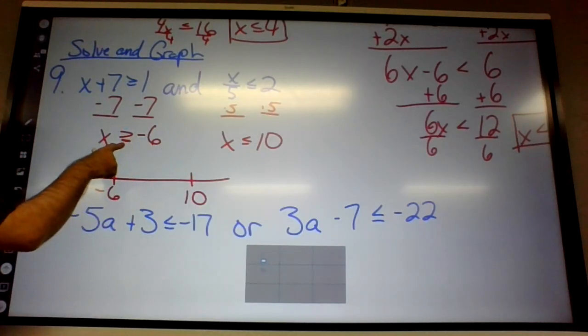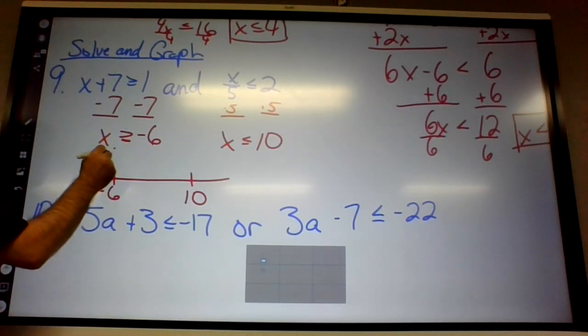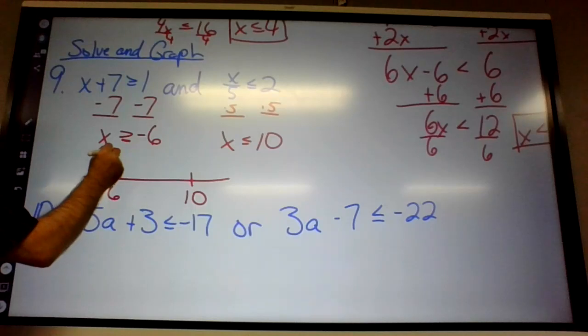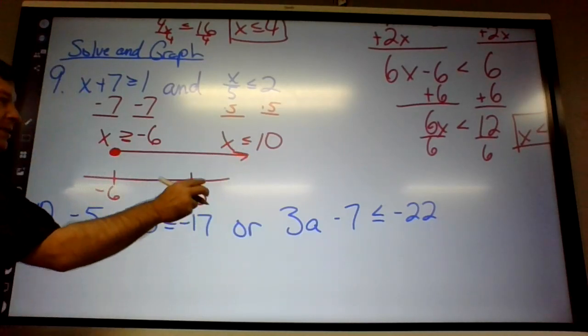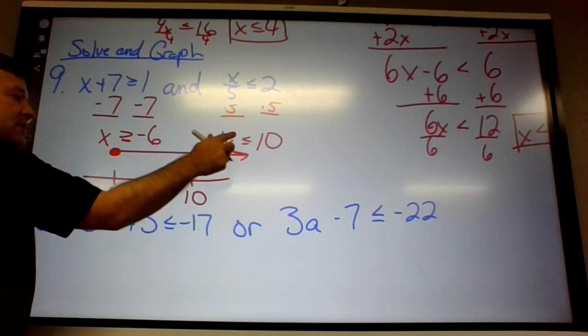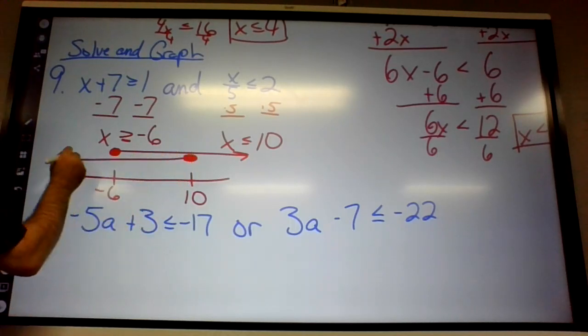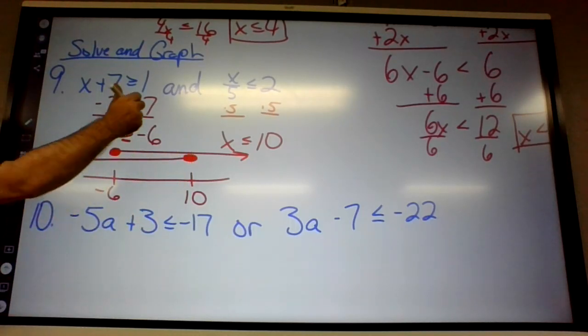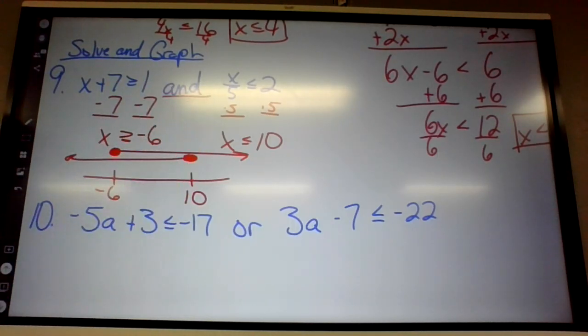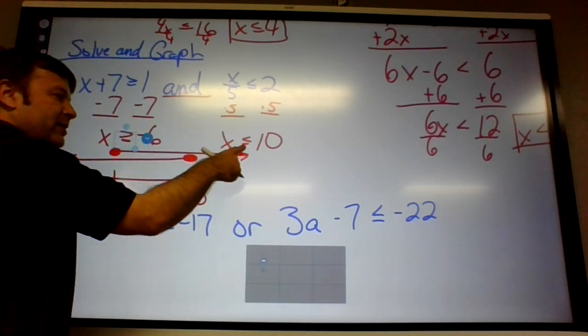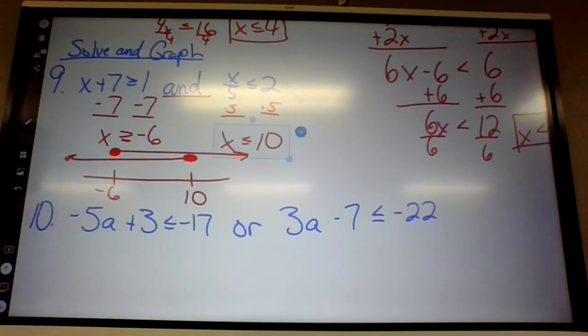So what does x is greater than or equal to -6 look like? What does x is less than or equal to 10 look like? Now, this is one we threw in at the end. If we want this to be true and this to be true, what are we going to use?